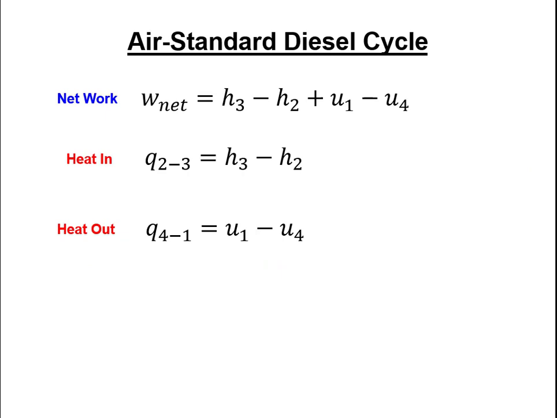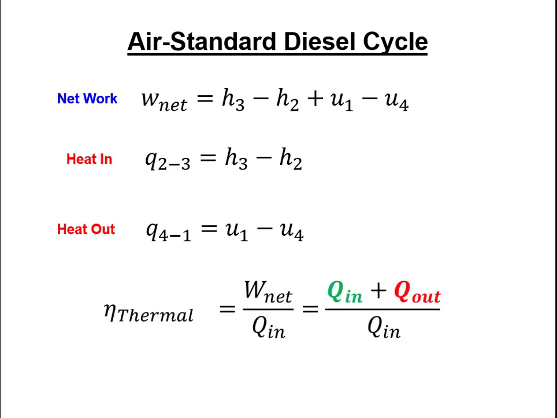So for air standard analysis of a diesel cycle, I have equations for net work per unit mass, heat in per unit mass, and heat out per unit mass. I can do the thermal efficiency as net work over heat in, or as heat in plus heat out divided by heat in. Again, it's a plus sign because I'm using the first law, and the signs will work themselves out.